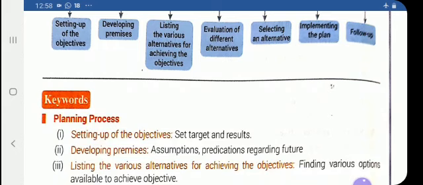If you want to increase the sale this year 25% more than the previous year, it should be expressible in numerical form. And also with respect to each department or unit within the organization, the goals are fixed. It is also important that this objective should be communicated to each unit and employees at all levels.